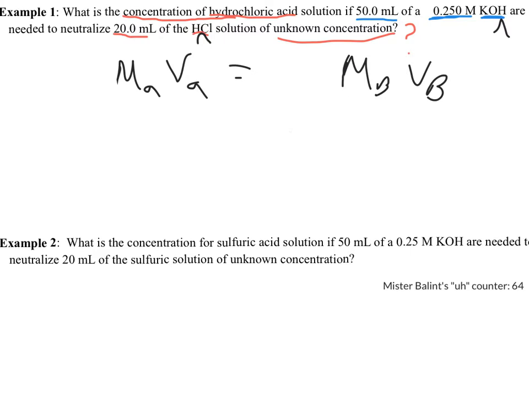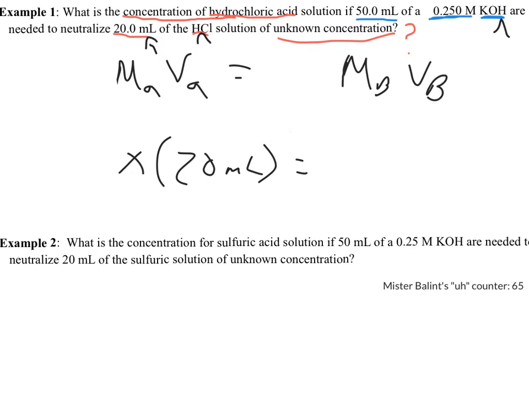Now, all I have to do is plug in those numbers. I don't have the molarity for the acid, because that's what they want us to find. So I'm just going to make that my X value. I do, however, have the volume of the acid. That's right here: 20 milliliters.